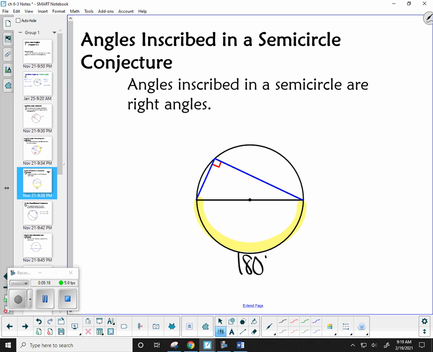We know that the inscribed angle has to be half of the intercepted arc. So what's half of 180? 90. So if you ever have an inscribed angle that opens up to a diameter, then you know that it's going to be a right angle. Or if it opens up to a semicircle. Does that make sense? All right.